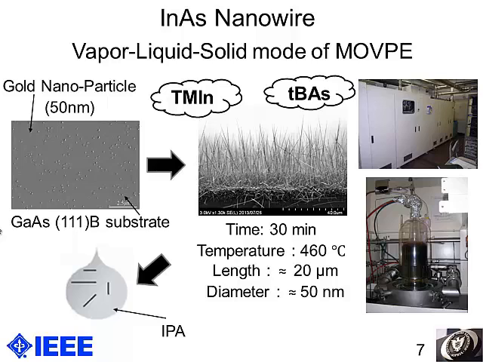We use gold nanoparticles as growth seeds, and we also use trimethyl indium and tertiary butyl arsine as precursors. In this growth method, we obtain indium arsenide nanowires that have a length and diameter of approximately 20 micrometers and 50 nanometers respectively. After the growth, we dip the substrate into isopropanol and mechanically remove the nanowires there.